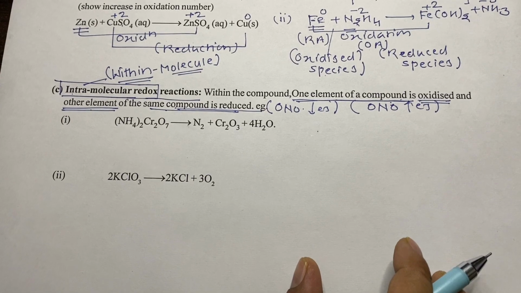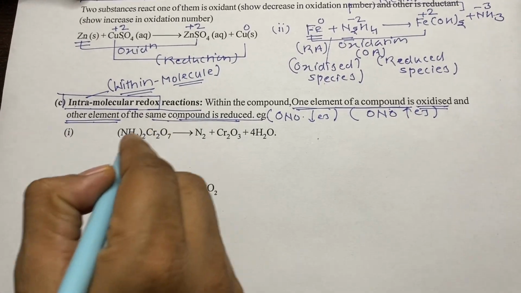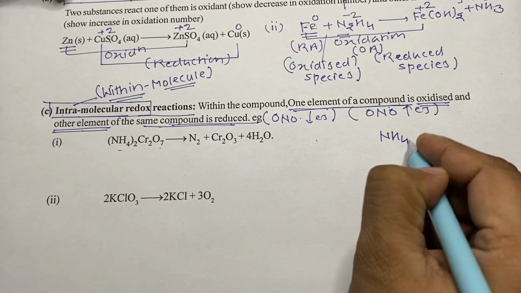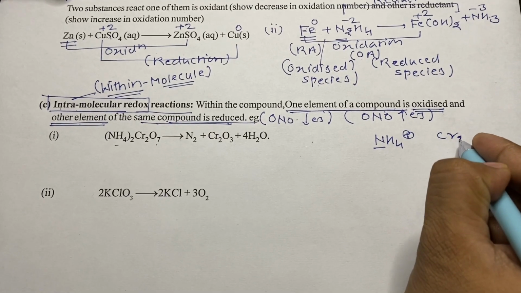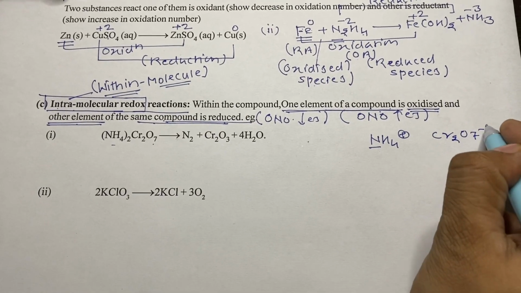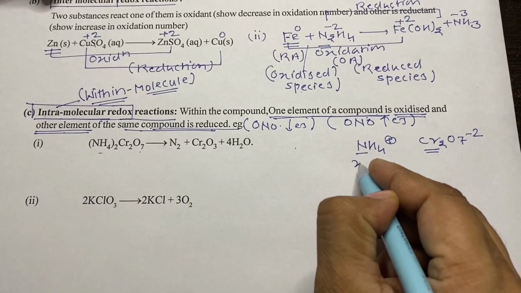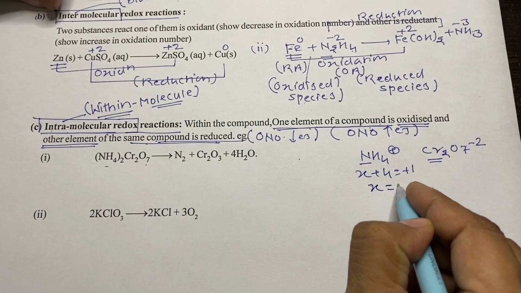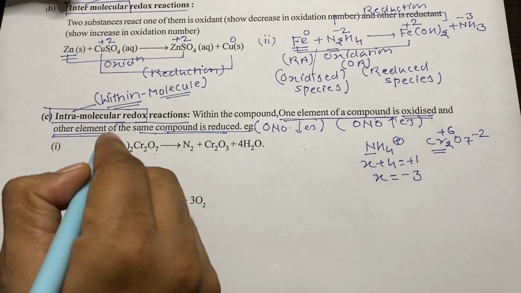Let's take an example to explain the intramolecular redox reaction. So this is ammonium dichromate. How can we find the oxidation number of nitrogen and chromium in this compound? Nitrogen in this compound is in -3 while chromium is in +6 oxidation number.